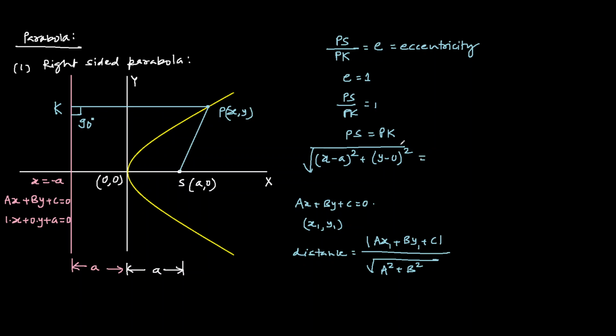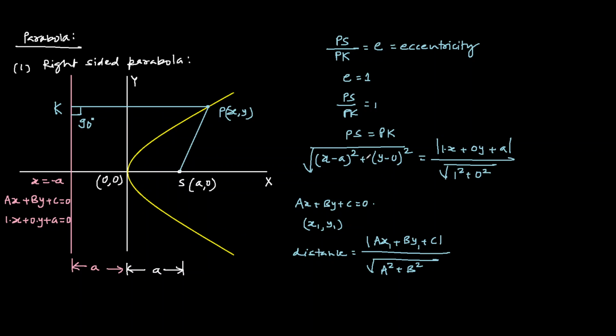So PK is now mod of 1 into x plus 0 into y plus a, divided by the square root of 1 square plus 0 square. Now we will simplify this relation to get the equation for the right-sided parabola.